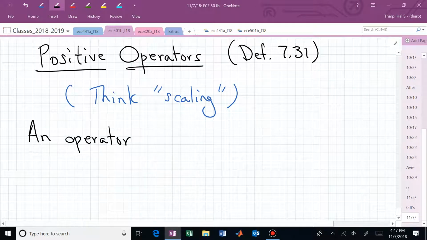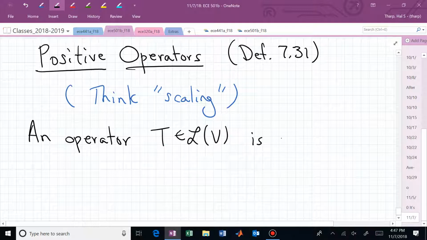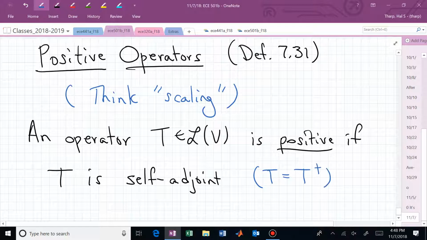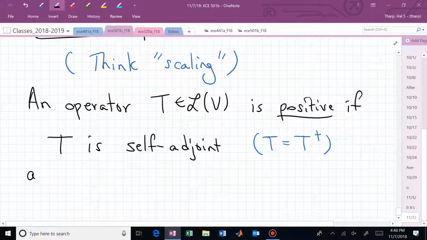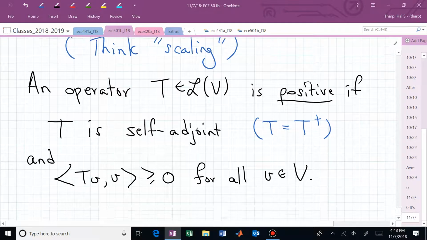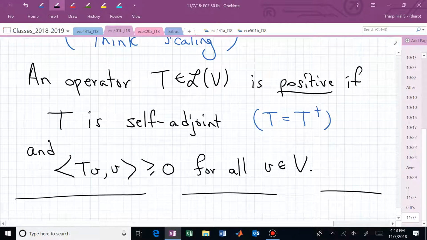Here's the definition. A linear operator T on a vector space V is positive if T is self-adjoint and the inner product of TV with V is greater than or equal to 0 for all vectors V in our vector space capital V. So that's the definition of a positive operator.